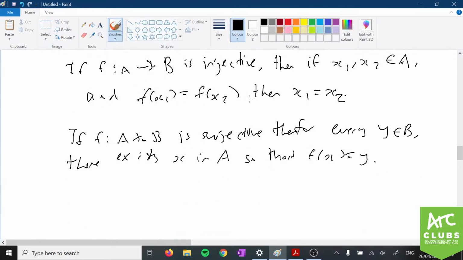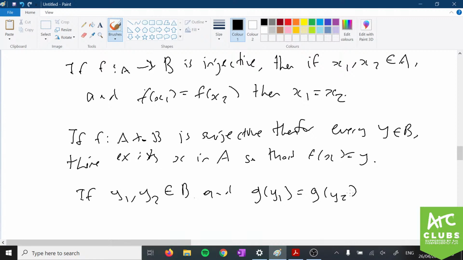Meaning that g is injective. So if y1, y2 are in B and g of y1 equals g of y2, then y1 equals y2.